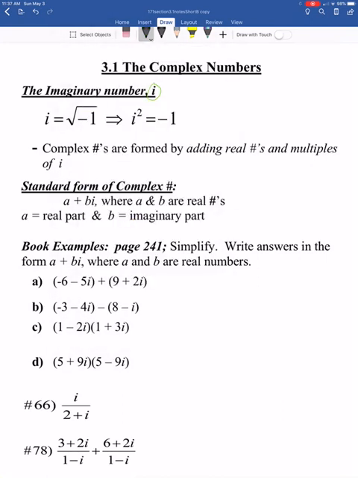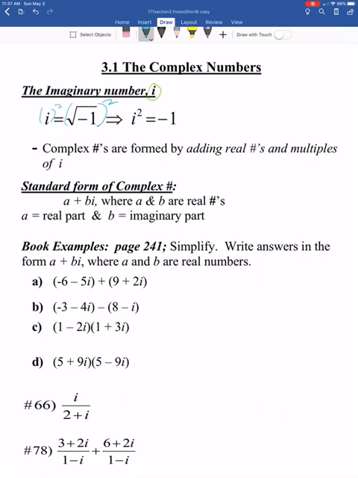So i equals the square root of -1, which implies if you were to square both sides, raising both sides to a power of 2, as long as we do the same thing on both sides, this is the principle of powers, it's still equal, and we simplify down to i squared equals -1.